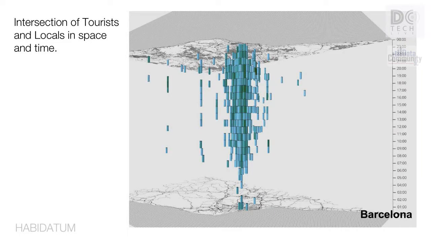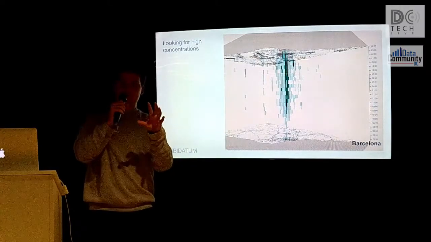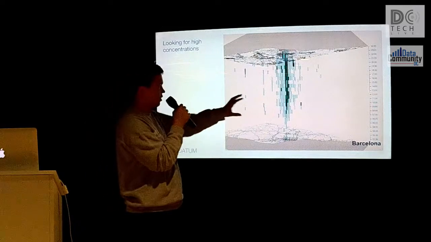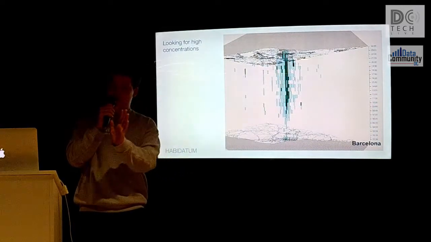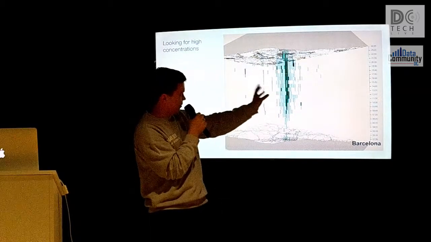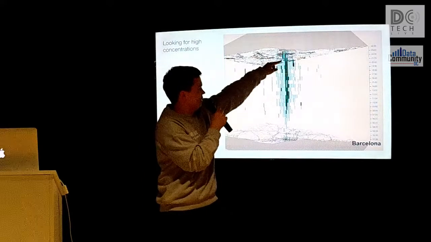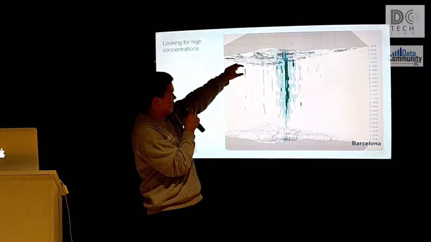Yeah, and actually the issue is not that high of a deal. If we now filter, not showing all the values where we have intersection, but only the places and times when the intersection is pretty high, where we have a lot of locals and a lot of tourists, this space and time goes down a little, and we have a really, really little area in the downtown, a little space-time here.